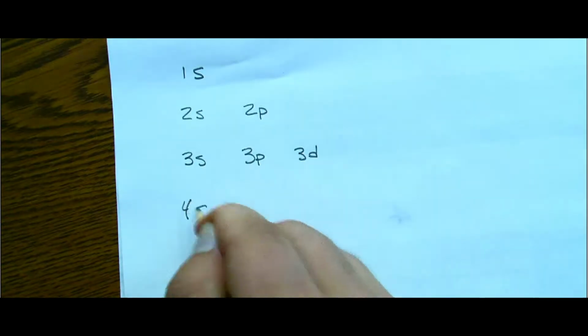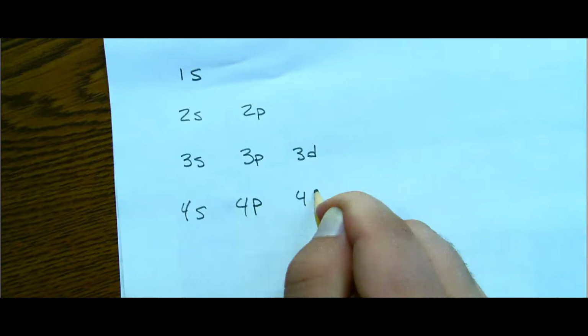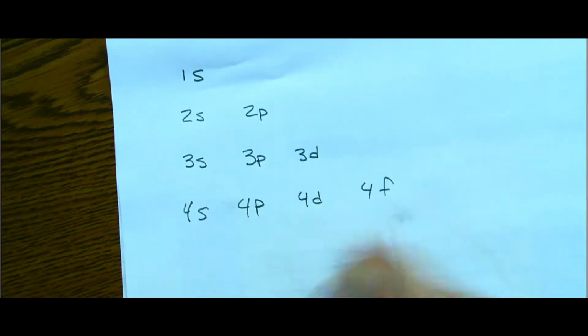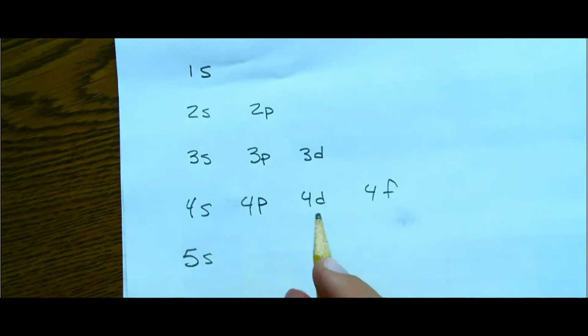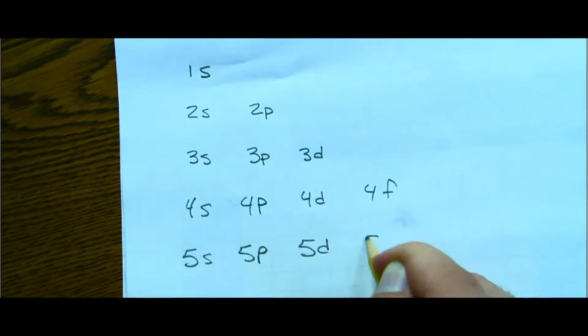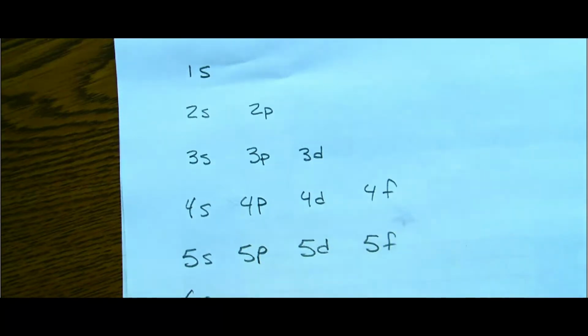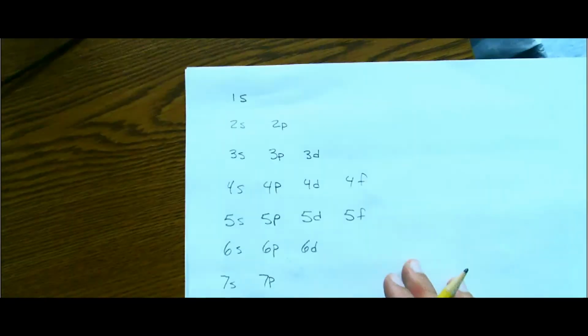So you have 4s, 4p, 4d, 4f, 5s. Oh, I might have to zoom out a little bit. 5p, 5d, 5f, 6s, 6p, 6d, 7s, 7p. Okay. I'm going to zoom out so you can see everything.